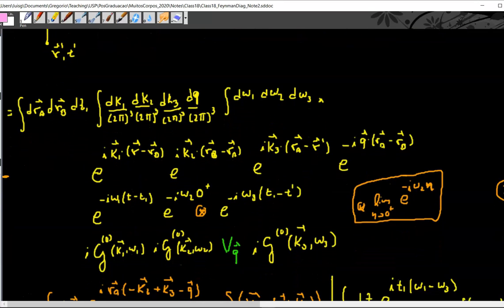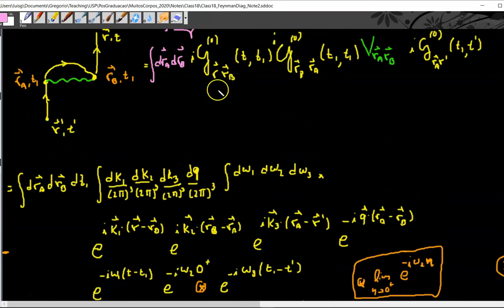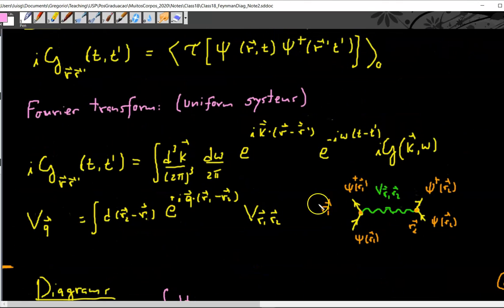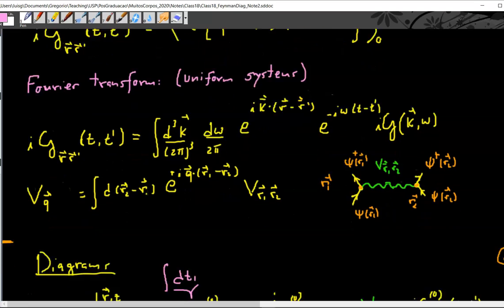So what I get then for these three is i k1 (r minus r_B), i k2 (r_B minus r_A), i k3 (r_A minus r'). For this one it is e to the minus i q (r_A minus r_B). All right, so that's how we're defining this. The inverse will give you e to the minus i q. Okay.